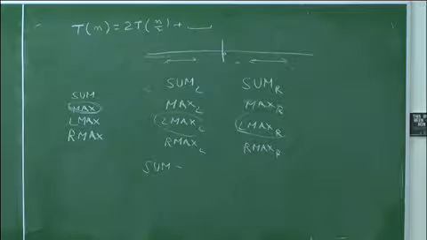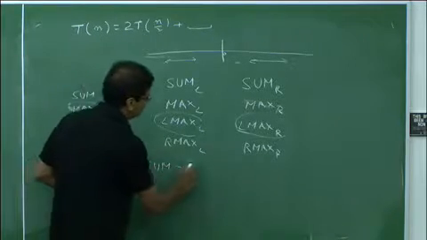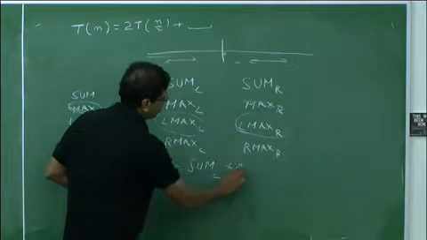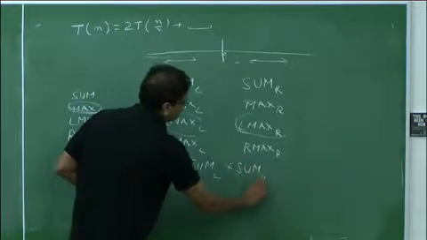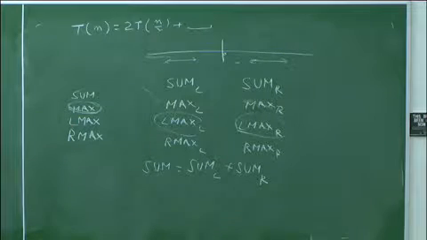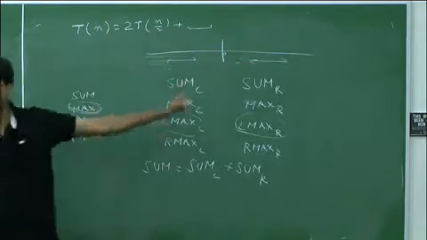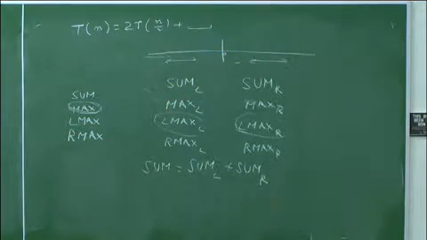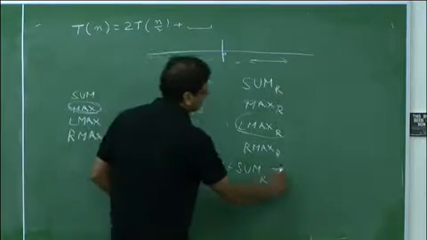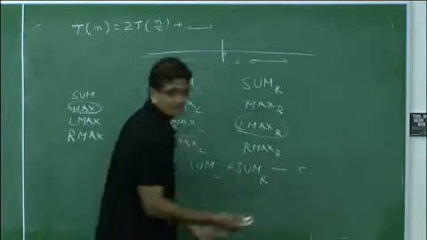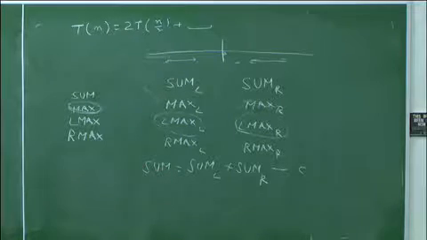So, sum is nothing but sum of L plus sum of R. Suppose this was 1 2 4 7 minus 2 5 8 3, I will sum each of them separately in the recursion, and then when I bring it up I will just add them together. I do not need to do it again. How much time does this take? This takes basically constant time. All you are doing is one add, nothing more than that. It is very fast, but this is very simple.